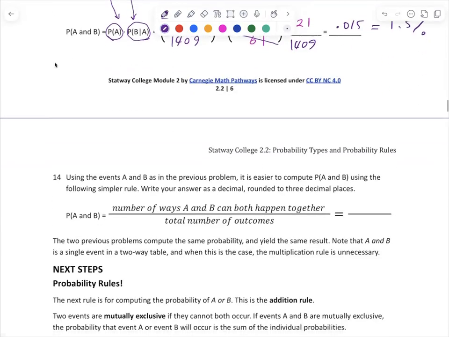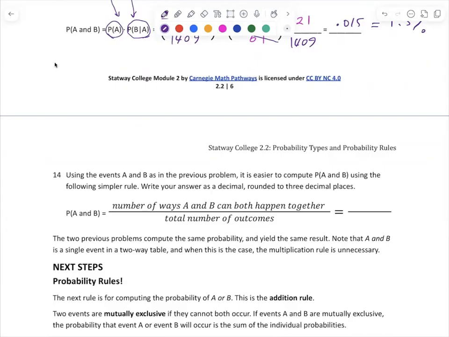Let's take a look at another example. Using the events A and B as the previous problem, it's easier to compute the probability of A and B using the following simpler rule. Write down your answer as a decimal rounded to 3 decimal places.